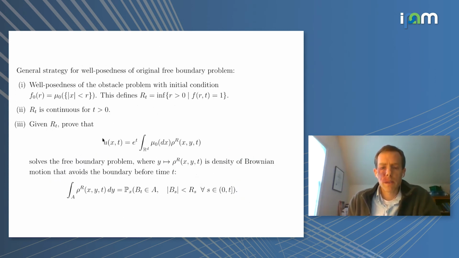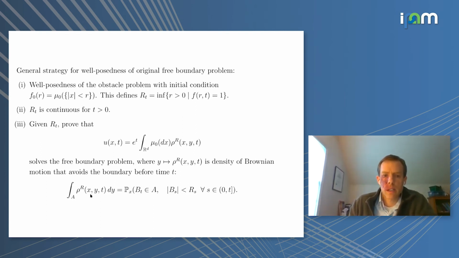So we propose an ansatz. The function u is, you think of this as a push forward of the initial measure by a transition density, rho_R, where given R, rho_R is the density of Brownian motion that avoids the boundary before time t.